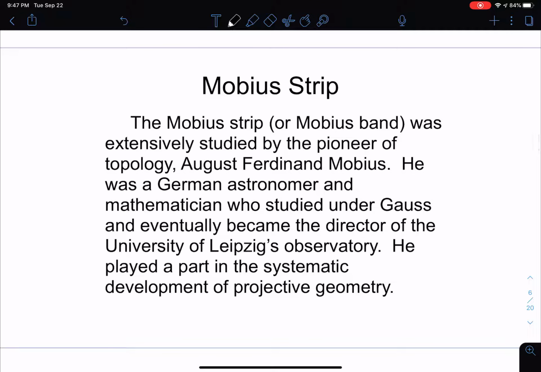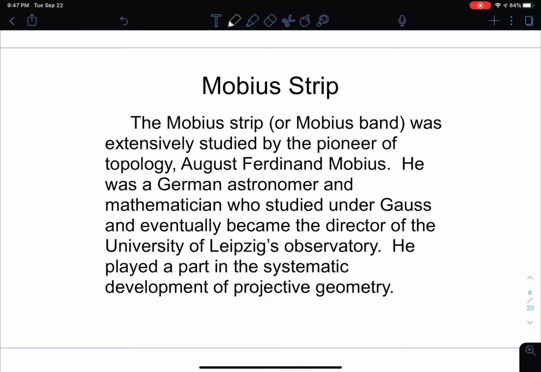All right, another person that comes up in topology, Mobius. You might have already seen that I have a Mobius strip project for you to work on. You are creating your own Mobius strip, and you are going to do some experiments on it, write about what your predictions are, then write about your conclusions once you conduct the experiment, and turn that in on Canvas.